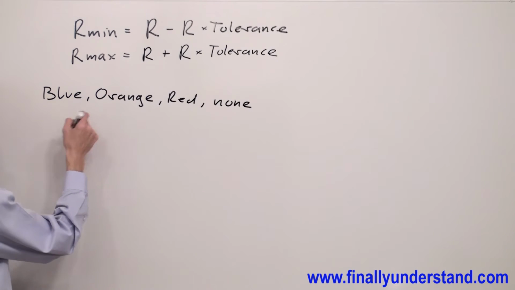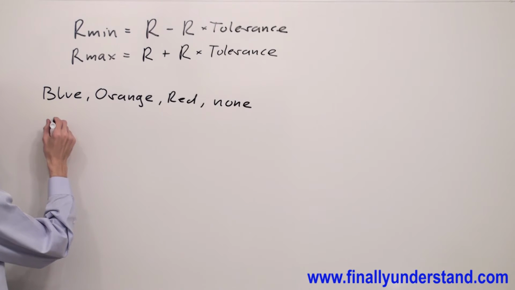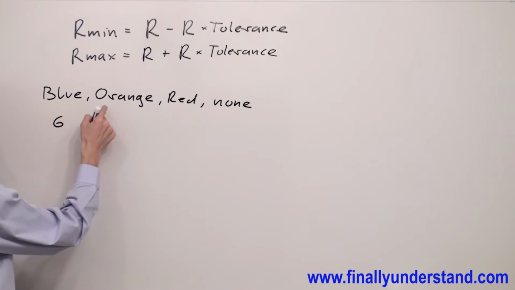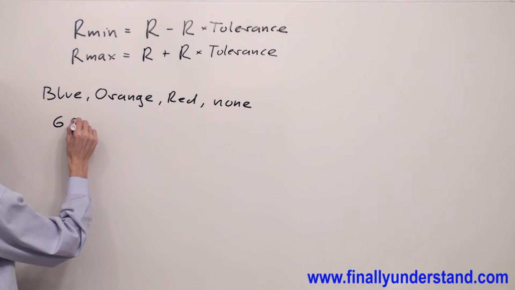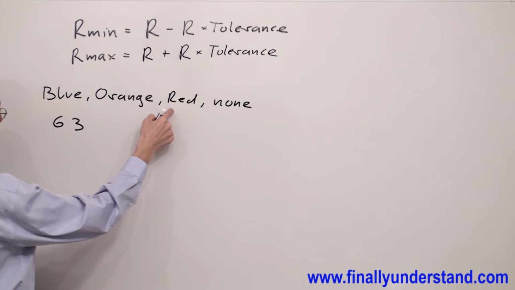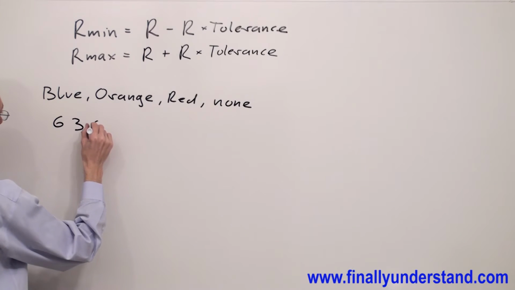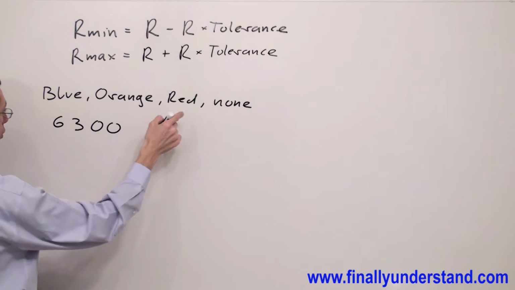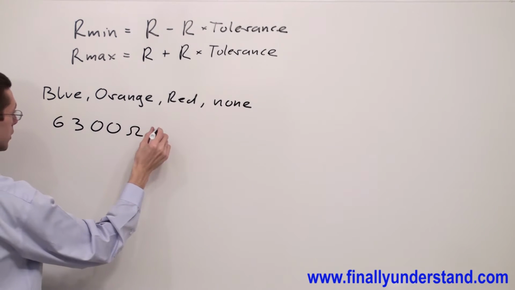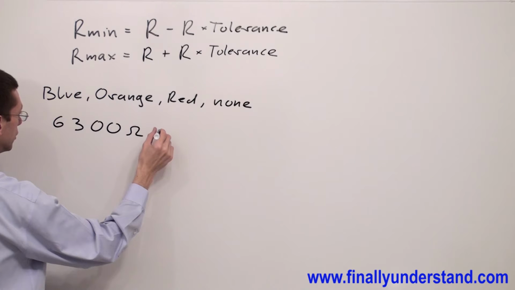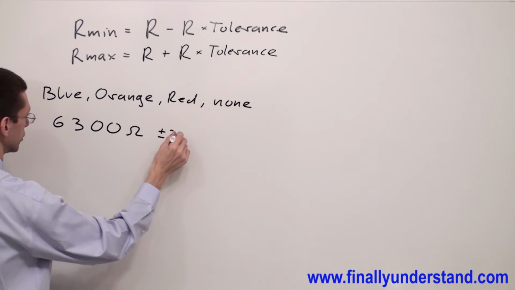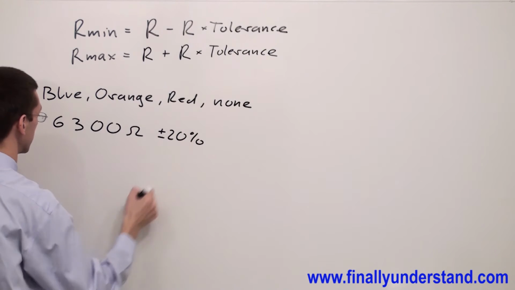First, I have to find the nominal value. Blue is 6. Orange is 3. Red is telling me that I'm going to have 2 zeros. None means I have no fourth band, which is simply 20% tolerance.